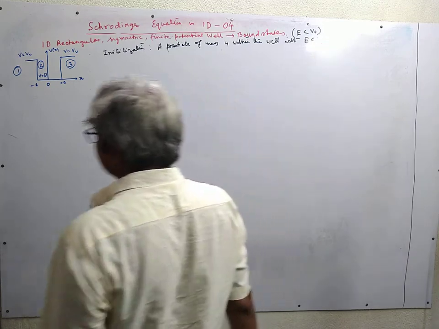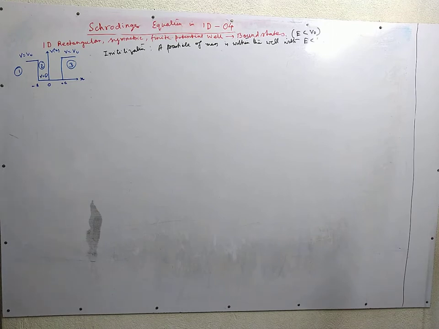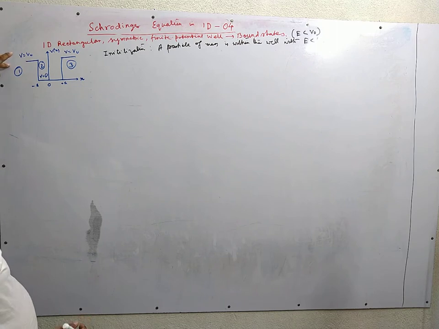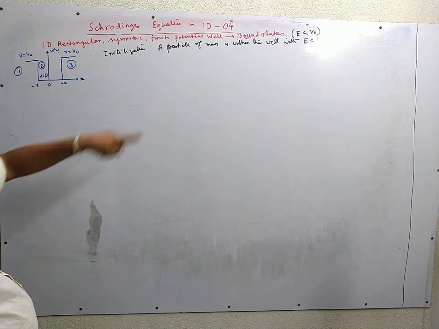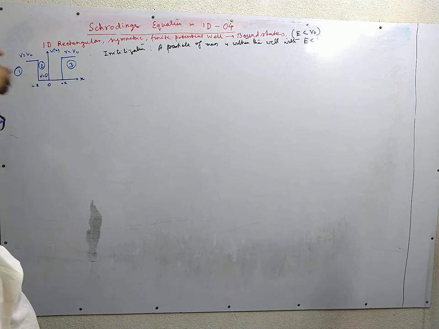Our interest is to find out what are the possible energy values accessible to the particle. So we divide the entire region in three parts. Region 1 to the left of minus a, region 3 to the right of plus a, and region 2 between plus and minus a. And we write the Schrodinger equation.